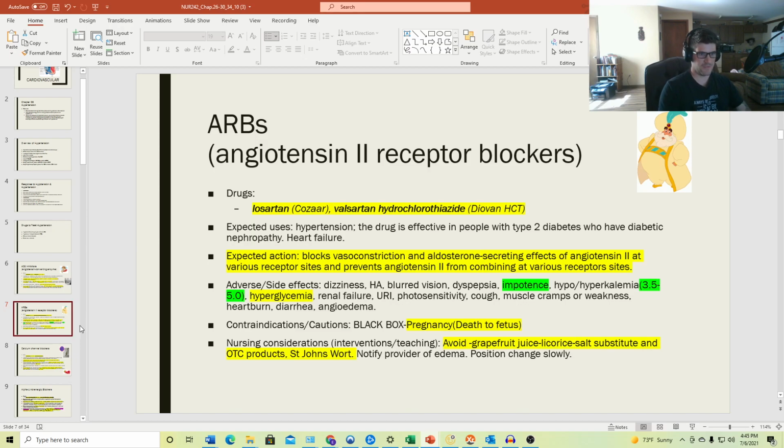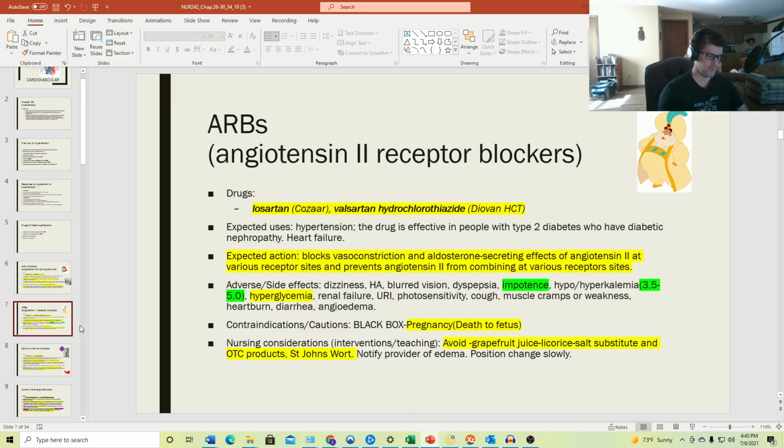Adverse side effects for angiotensin 2 receptor blockers are going to be dizziness, HA, as we found out, is headache, blurred vision, dyspepsia, impotence, hypo and hyperkalemia. I put 3.5 to 5.0. Those are the numbers you're going to want to know for the kalemias, which is your potassium concentration in your blood.